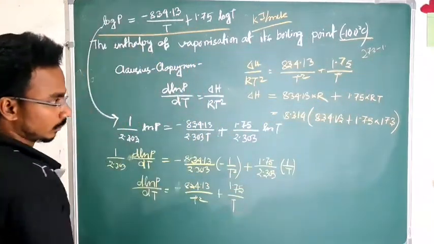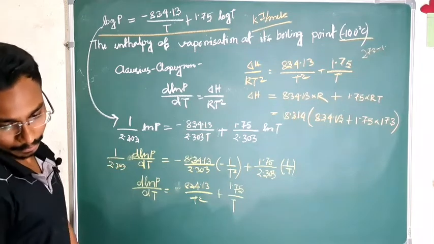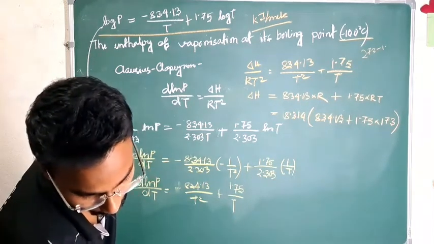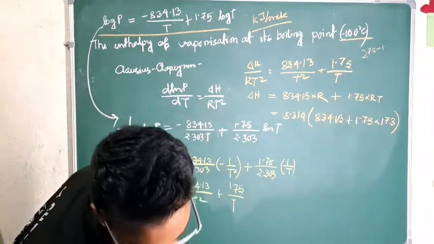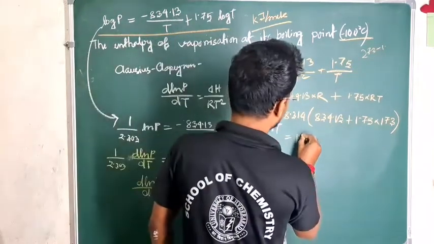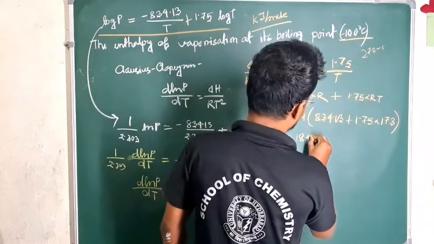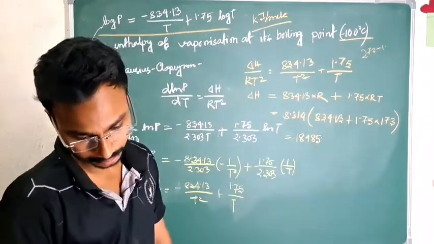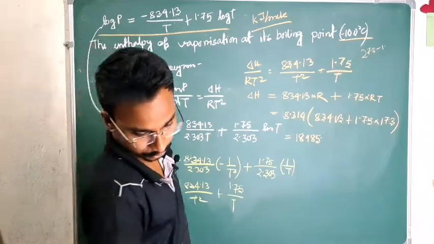Calculate these things. So what will we get? I already calculated it: 18485.8 joule per mole.